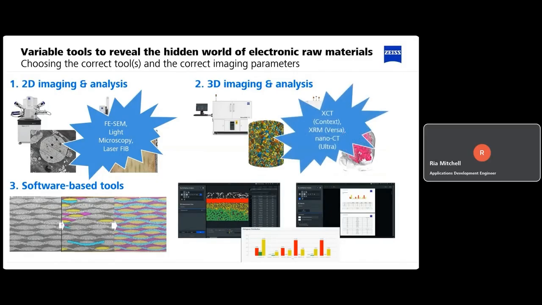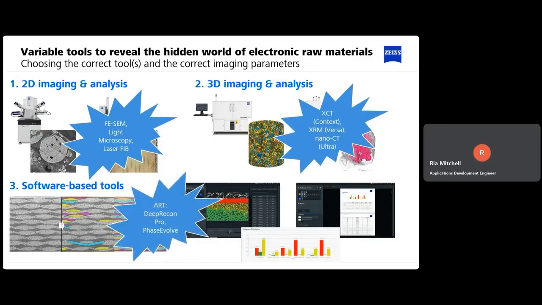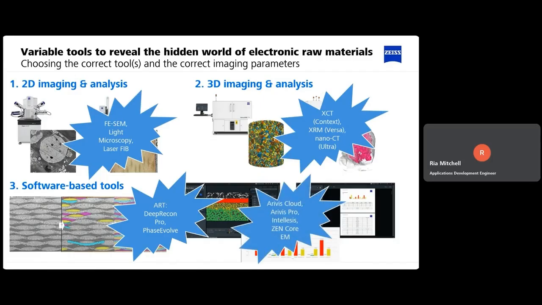For 3D imaging, we can use microscopes such as the Context, the Versa, and the Ultra to perform high-resolution 3D imaging. We can use AI-assisted Deep Recon Pro and iHES Evolve to really enhance the data and to improve it to a point that we get way more information from it. And then finally, we can perform image-based segmentation and analysis using tools such as arivis Cloud, arivis Pro, Intellesis, and ZEN Core EM. Thank you very much.